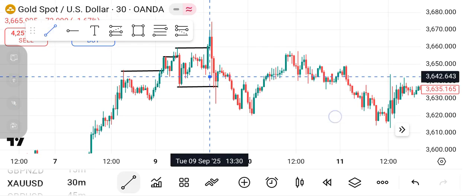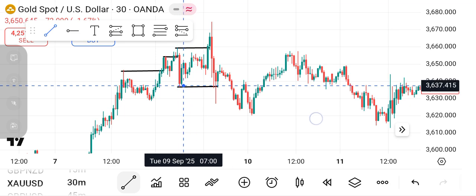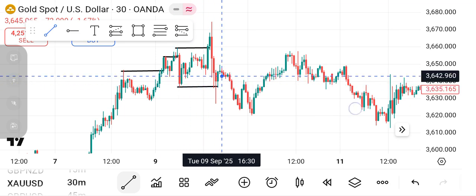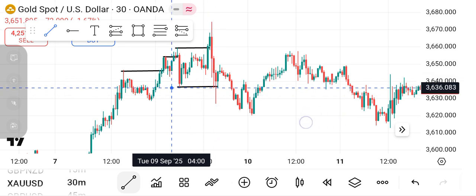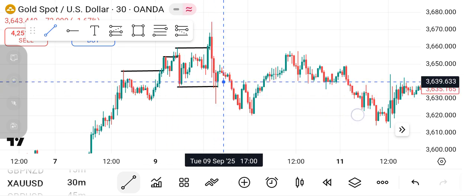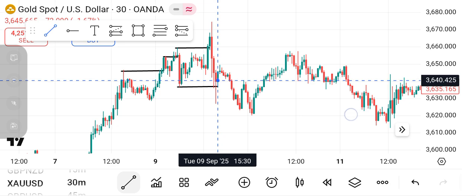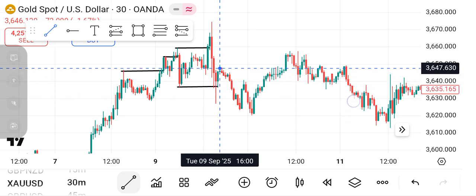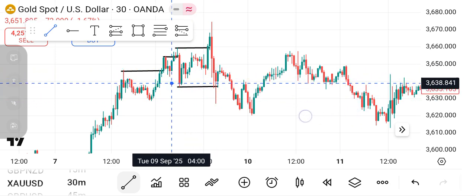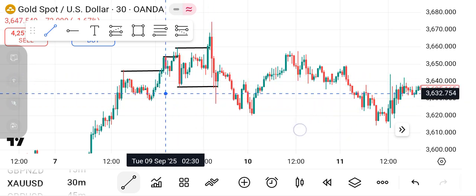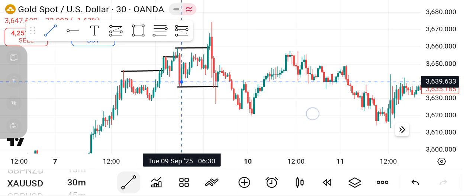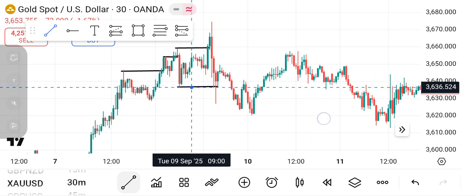Actually, if you look here, you can see that this is not a break of structure. This is just a sweep of this low. And why is it not a break of structure? Because there is no candle body that breaks this low. It's just the wick which swept out this liquidity right here.